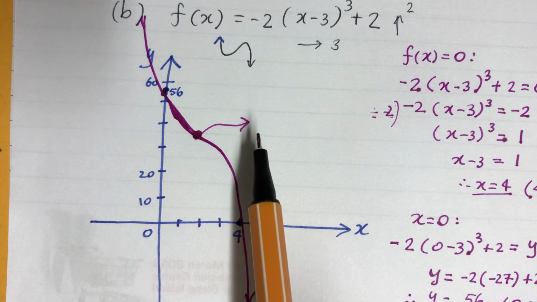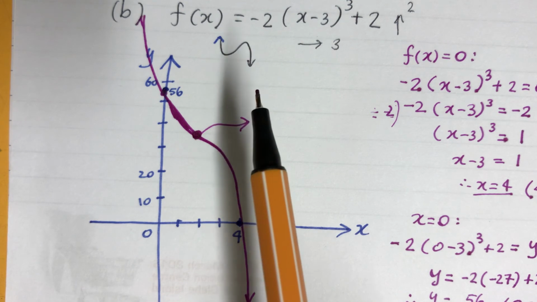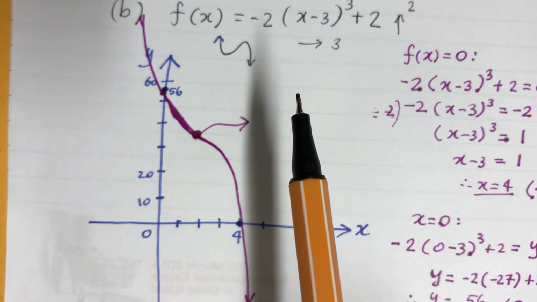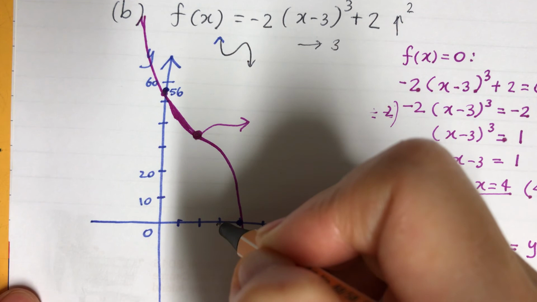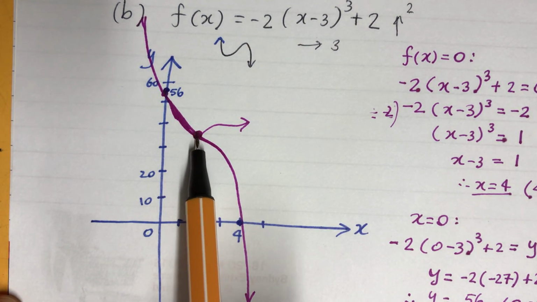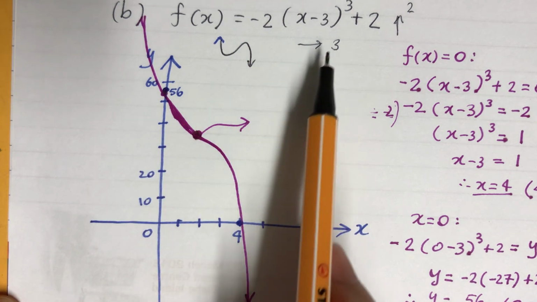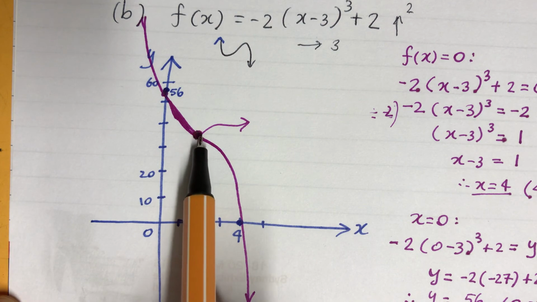Now if you think about it, it was going up by 2, right? Going up by 2, and it was moved by 3, wasn't it? So my graph is not as good because it shifted to the right by 3, isn't it? So that means this one should be 3 here.